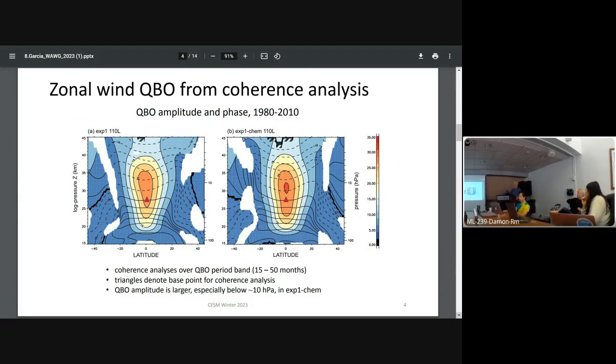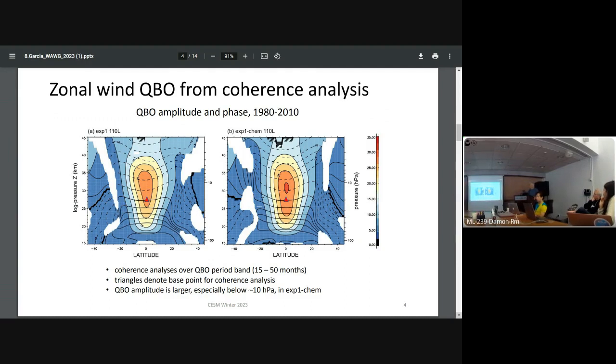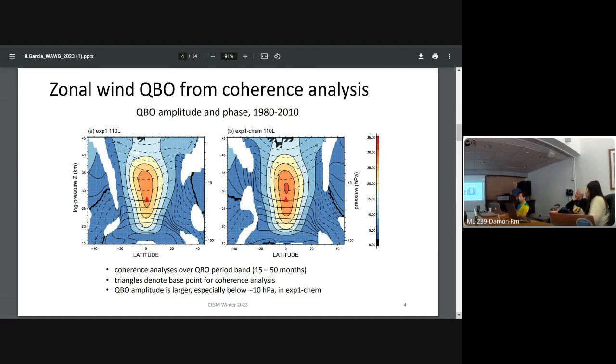Again, the case with no chemistry is on the left, the case with chemistry on the right, and this is just a coherence analysis with the base point where that little triangle is. It's a little bit below 10 hectopascals at the equator. And the phase structure looks very similar. The QBO amplitude, however, is stronger when you have chemistry, especially in the lower stratosphere. That's the one on the right.